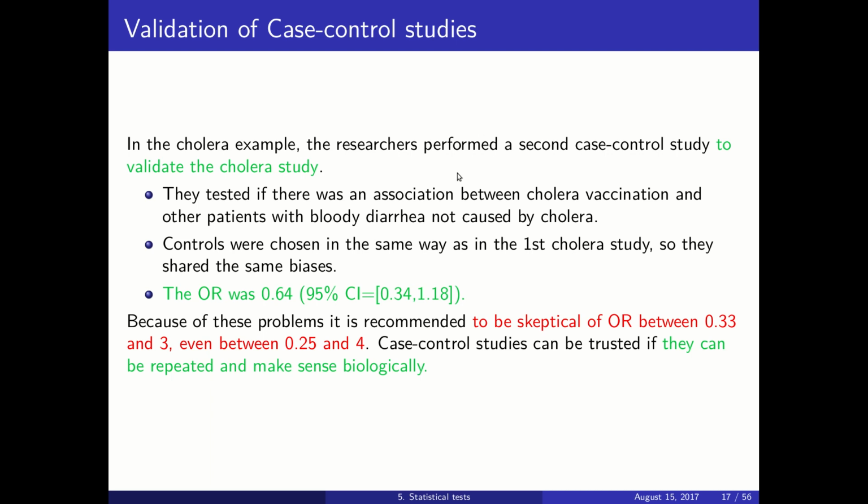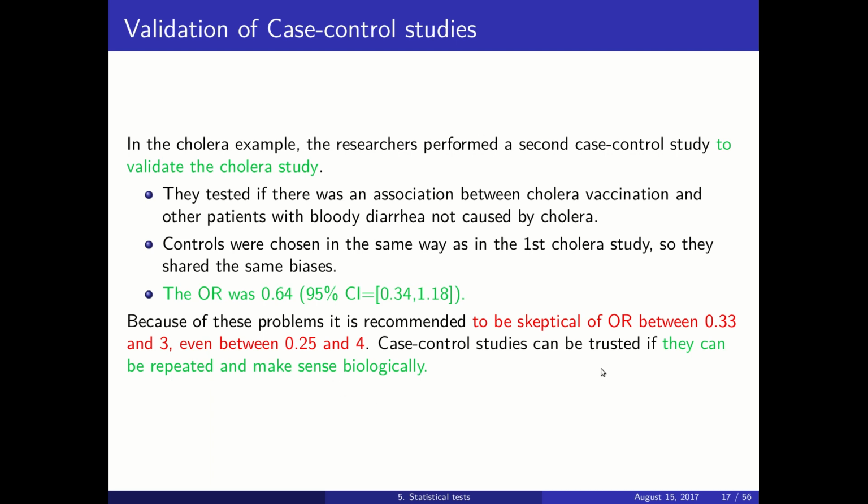And in general, it is said that you should be skeptical of odds ratios that are in the range between 1/3 and 3, or even 1/4 and 4. So unless there is very strong evidence that two variables are correlated, or not independent, you should be skeptical of all those odds ratios.